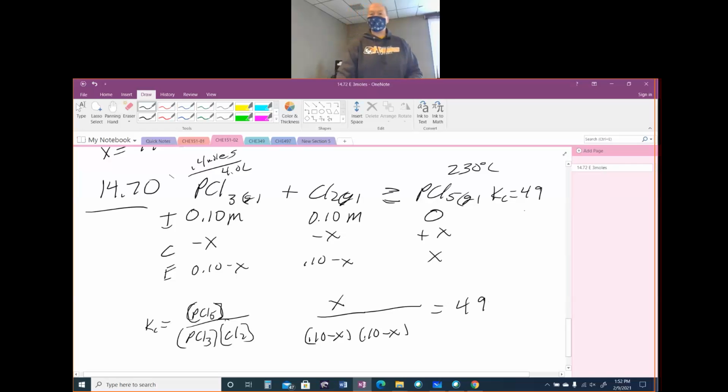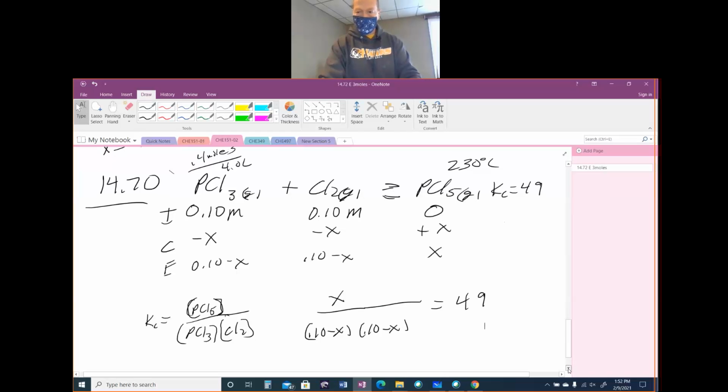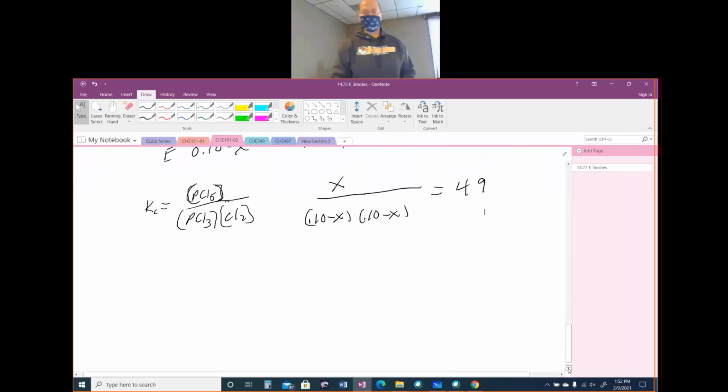All right, so your K value cutoff is 1, so this is considered a large K value, which means x is relatively large, which means you cannot neglect x and do successive approximations. All right, and so here is another case where you will do your quadratic equation. So I'm going to do this by the quadratic equation, and then I'm going to do it by successive approximations. So let's do it by the quadratic.